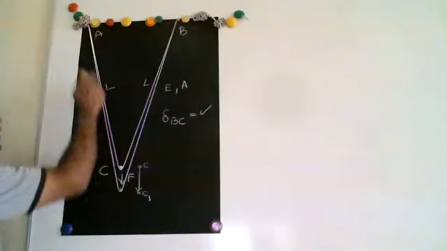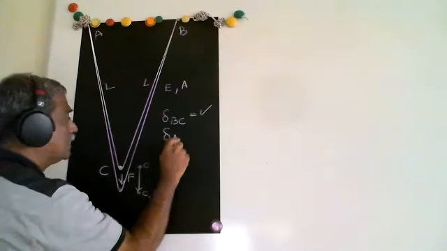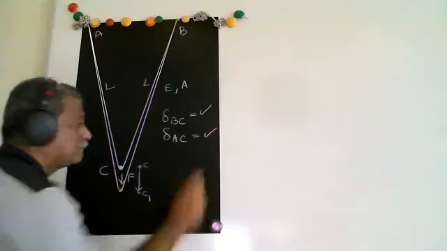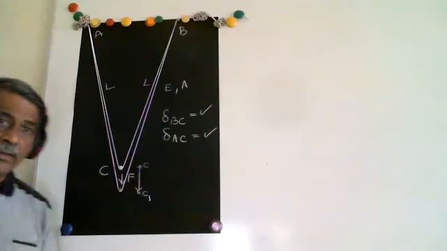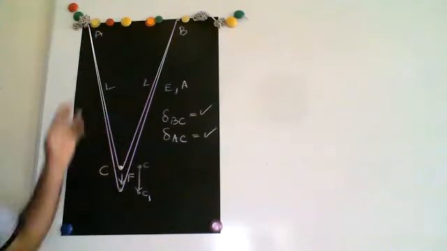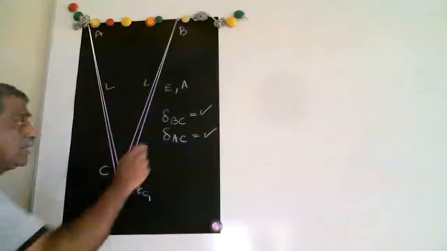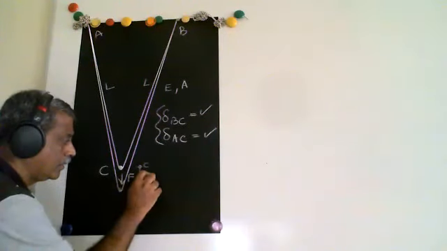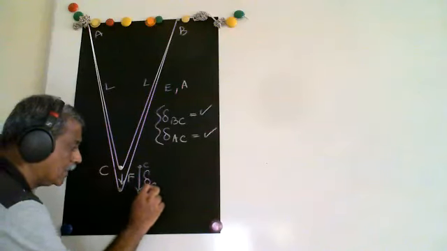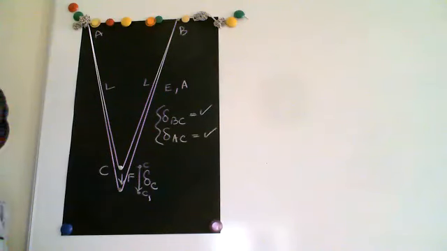Similarly, I'll be able to find the extension of AC. These two are possible for me to find because these are linear springs. Now, how do I relate these to the deflection, let's say delta at C? That's the question.